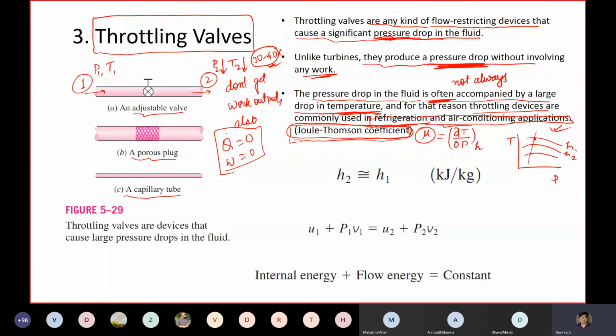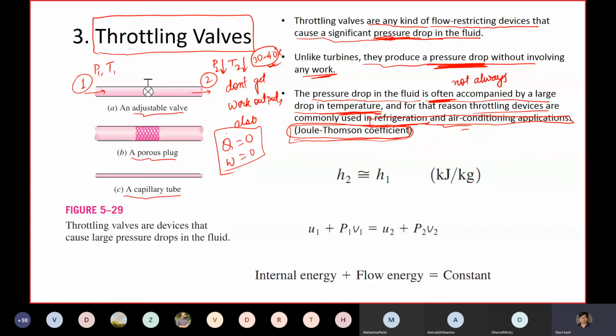We are not going into details, I'm just making you aware that these things are there. Towards the right, the temperature decreases, and towards the left, temperature increases. At these inversion temperatures, your dou T by dou P is 0. Anyways, we'll leave this behind and not talk much about it. If you are interested, you can read about it.